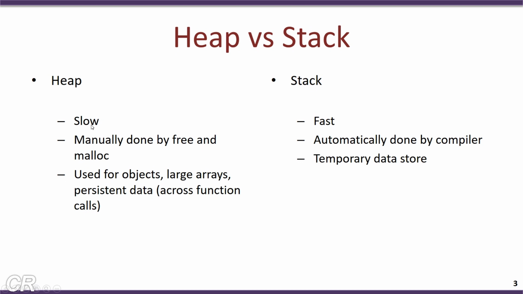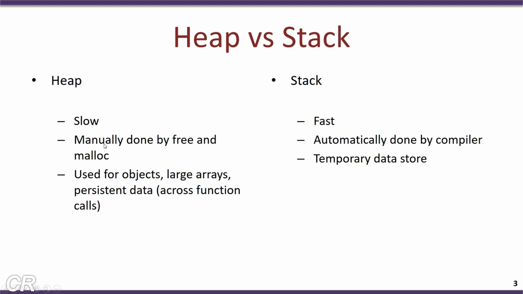On the other hand, heaps are slower. Every time you want to allocate some memory in the heap, you have to explicitly invoke the library function malloc, and similarly when you want to free that memory, you have to invoke the free call.